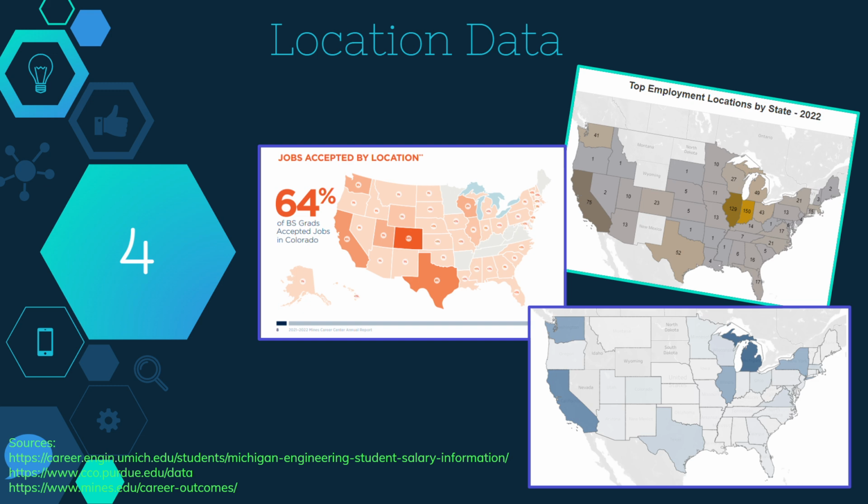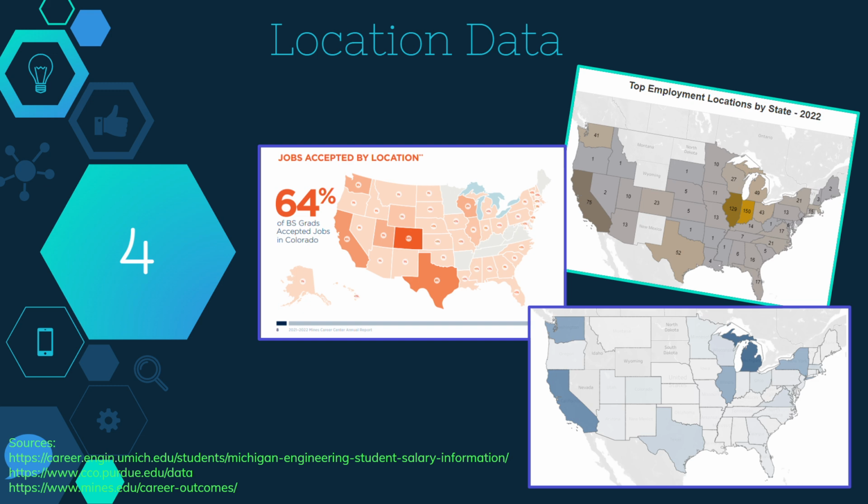You will see Washington, California, and Texas. But you'll also see that Michigan, Wisconsin, Ohio, some of those states that are surrounding Indiana have a lot of Purdue grads. New York, and then again Colorado. So there's a chunk of students that are going to Colorado, having been to school at Purdue.